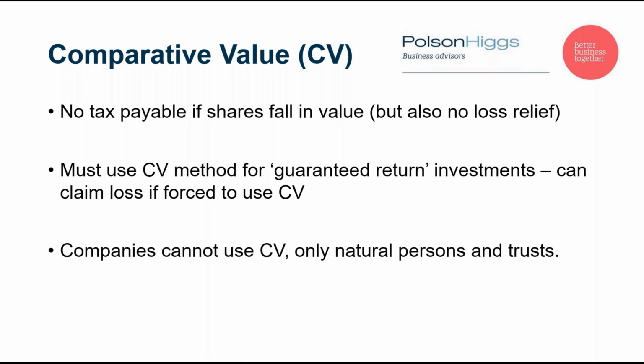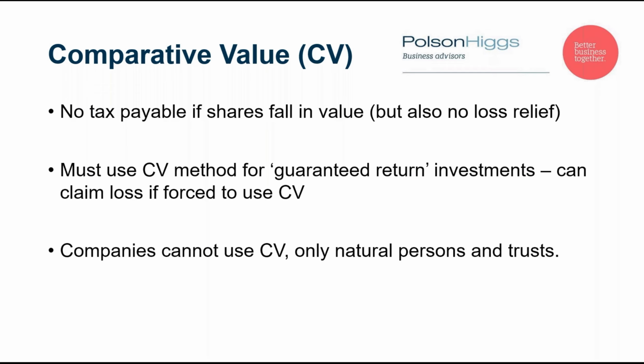And the idea is that IRD come out in a determination and say, for these shares, you have to use CV. You don't have a choice of using one of the other methods. You must use CV. Where that's the case, we are entitled to claim our loss. So if we have a forced CV share, we can put our loss in our tax return. It can offset other income. Where it's just a CV share where we've chosen to use CV, no loss is allowed.